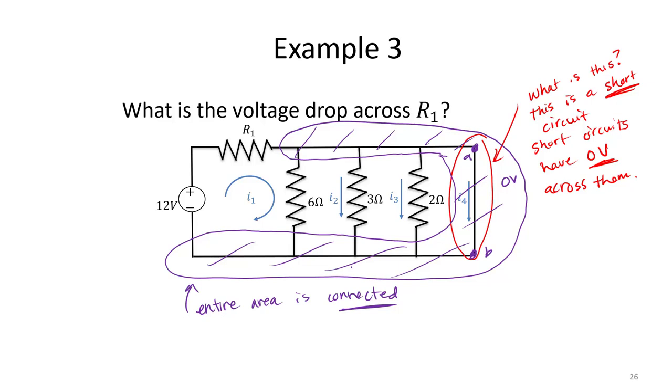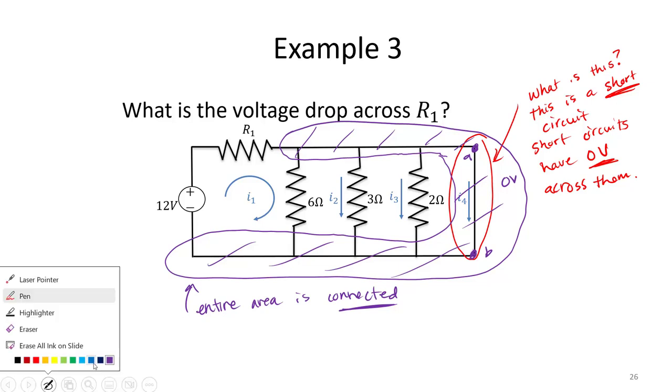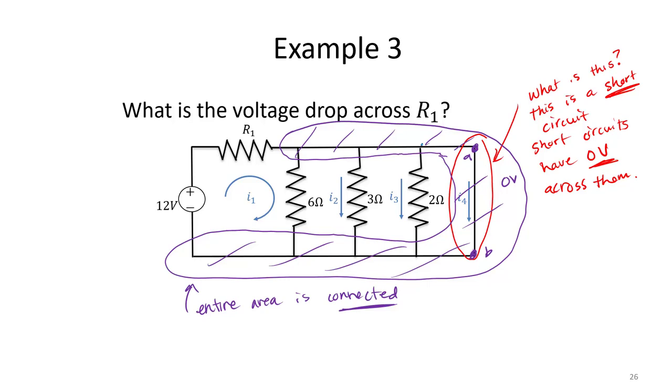Well, wait a minute. If there's 0 volts from A to B, there's also going to be 0 volts across the 2 ohm resistor, 0 volts across the 3 ohm resistor, and 0 volts across the 6 ohm resistor, because notice there's 0 volts across the resistor, and our resistance is non-zero.